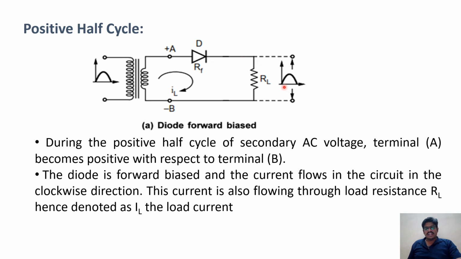So the positive of the AC supply is permitted to the load across the load resistor and the loop is completed, so the load current flows in a clockwise direction.